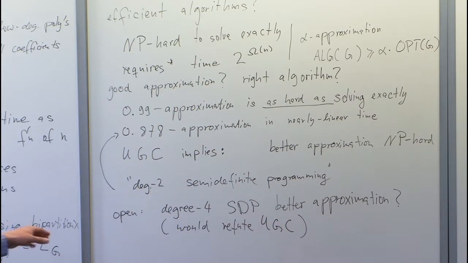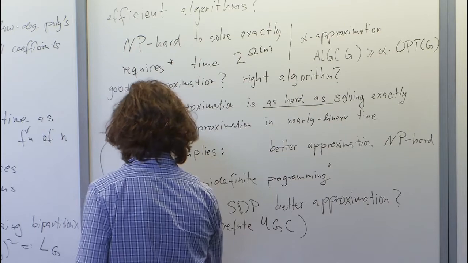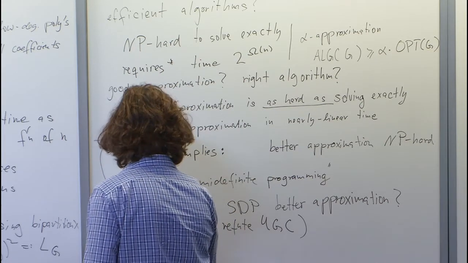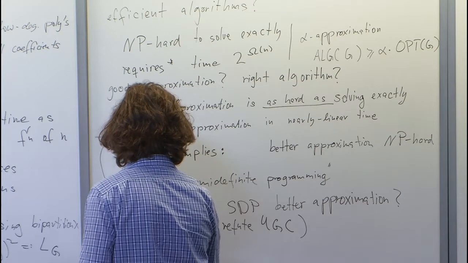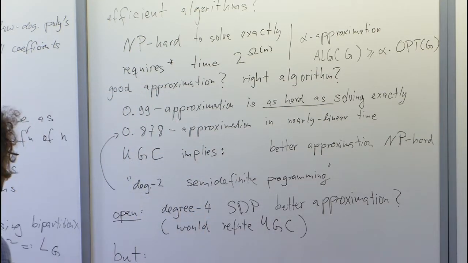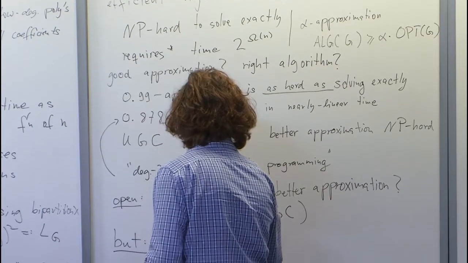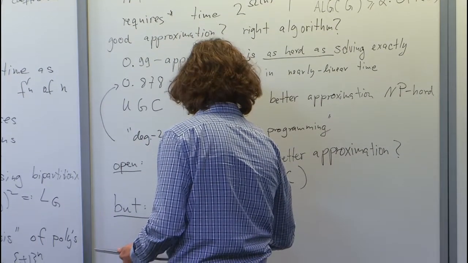And it's even a bit worse. It's not just open whether degree 4 achieves a better approximation; we know a bit more.